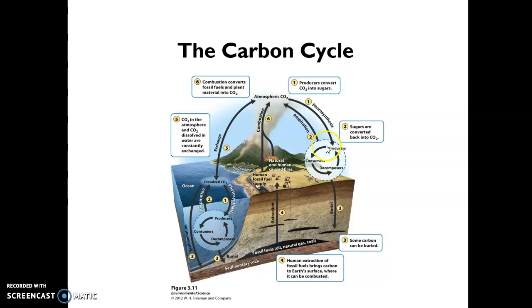Some of the carbon cycles through consumers and decomposers. And through all of these steps, the producers, the consumers, and the decomposers all respire. They obtain energy from the food and then release CO2 back into the atmosphere.